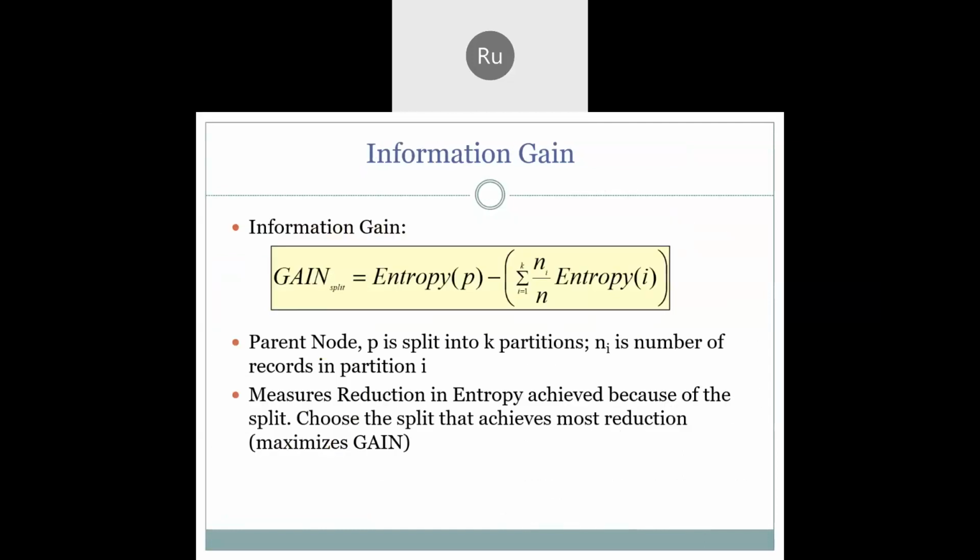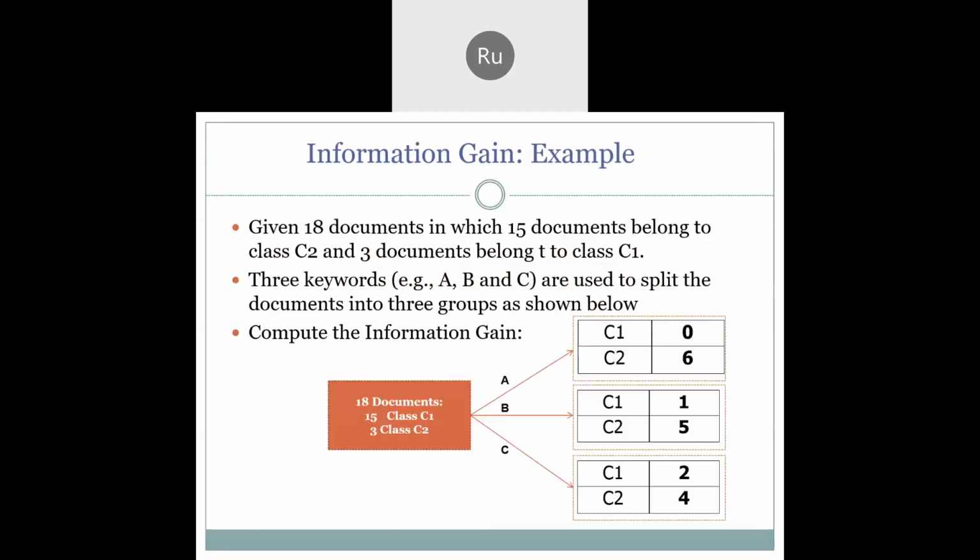Okay, so for us to compute the IG, we need to compute the entropy before, and then we subtract the entropy after we do the splitting. So this is the formula. How do we do that? For example, let's suppose we have these 18 documents here, and 15 documents belong to class 1, and 3 documents belong to class 2.